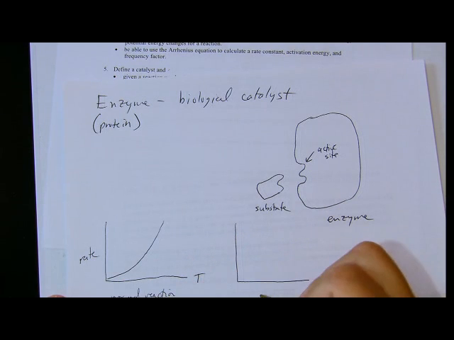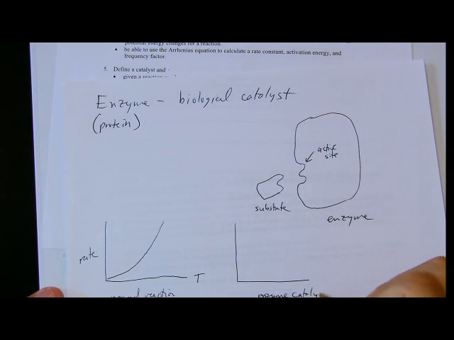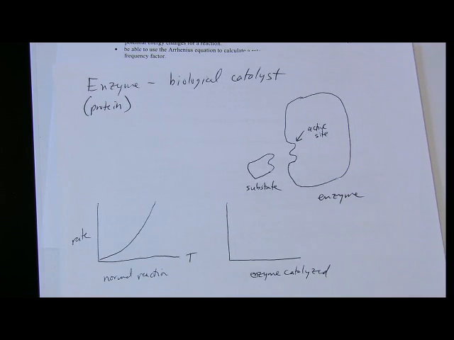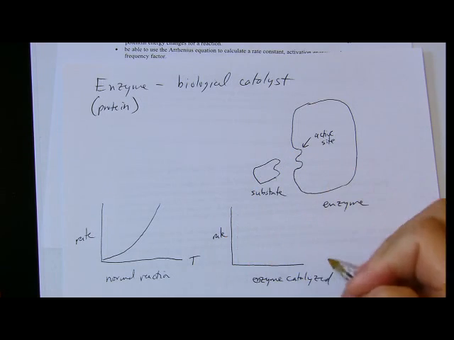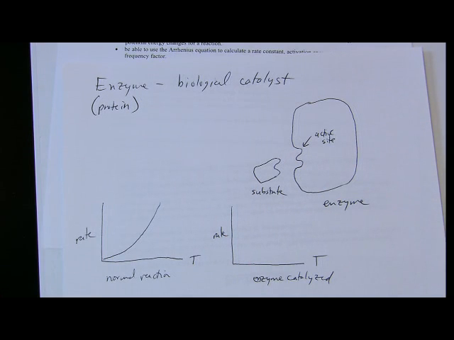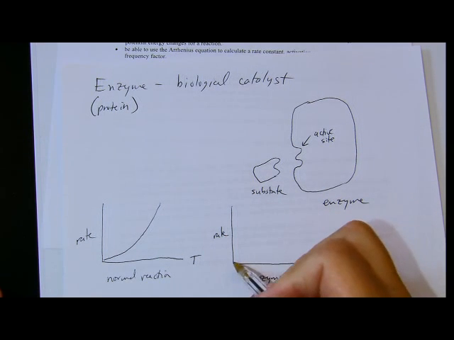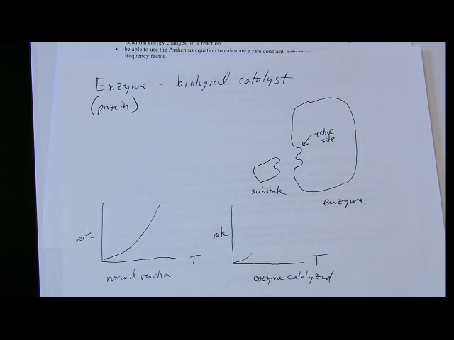All right, what does an enzyme catalyzed reaction look like for its rate versus temperature? Well, we get the increase like that. Anybody know what happens after that? Slows down.